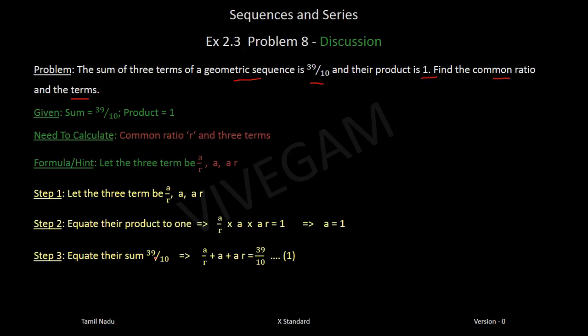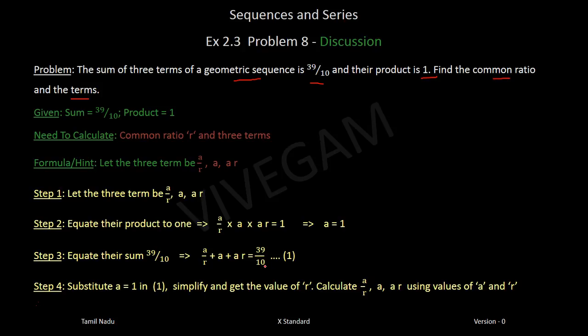Then equate their sum to 39 by 10 because they have given 39 by 10 as their sum. Earlier we had used the condition that the product equal to 1. Got it? So what is the sum? a by r plus a plus ar equal to 39 by 10. Now when you put a equal to 1, you will get 1 by r plus 1 plus r equal to 39 by 10.